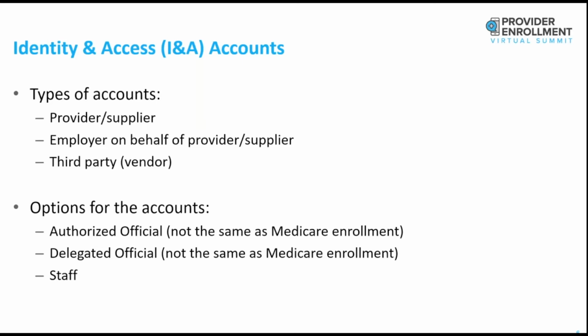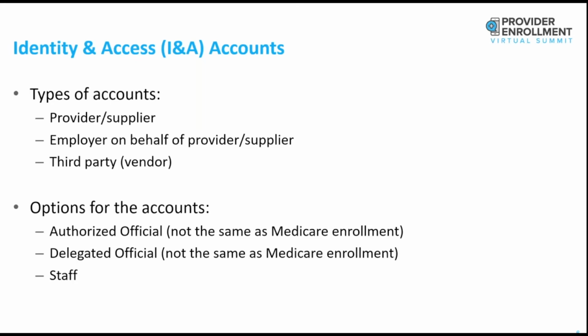In our world of provider enrollment, credentialing, just healthcare society as a whole, we call human beings providers. Medicare calls them suppliers. So most human beings, physician groups, things like IDTFs, those types of suppliers, are actually called suppliers.